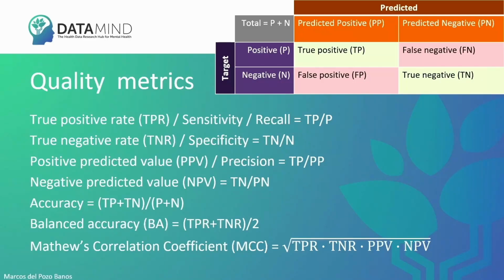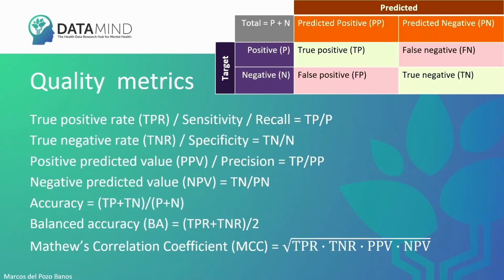The difficulty that we have is that there is no one single metric that fully defines the composition of the confusion matrix.